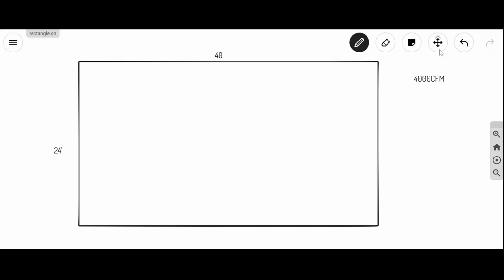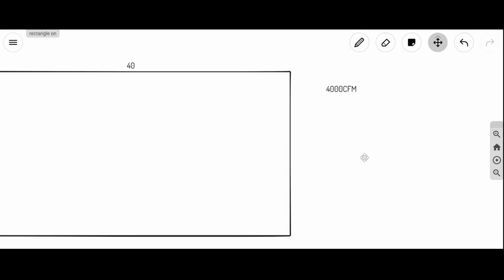So basically, 2.4 we are getting, so two diffusers.